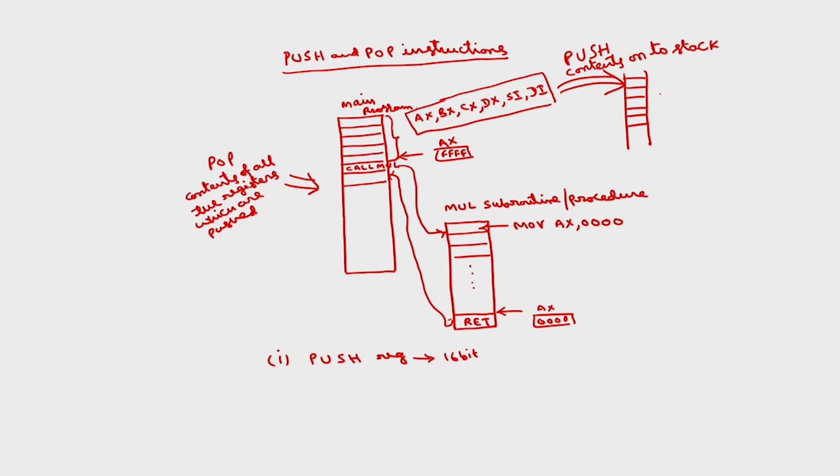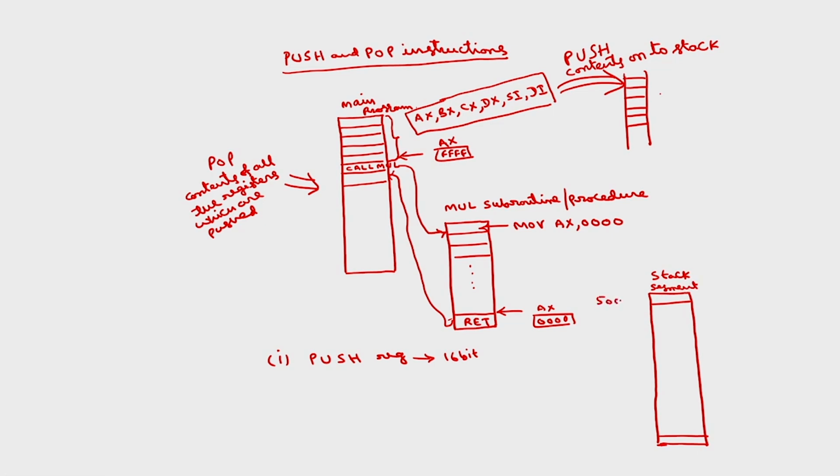Now, here I am going to assume some stack locations. This is the stack pointer, this is the stack, this is the stack segment. Let us assume that 64 kilobytes of stack is used.